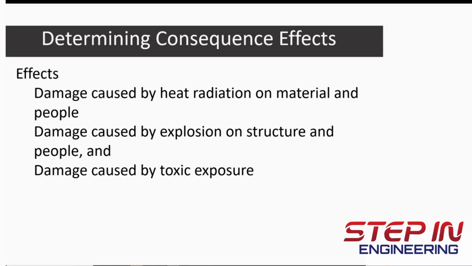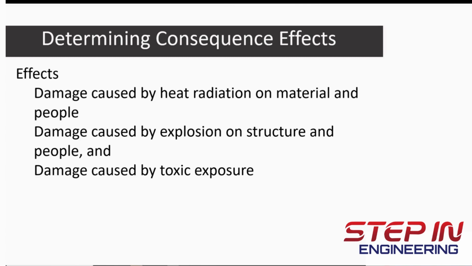Only a certain degree of radiation will give you an effect on your skin, body or something like that. Correct. So what are the heat radiations which may affect? According to that particular heat radiation, we will be assessing the damage. So damage caused by heat radiation on a material or a person.